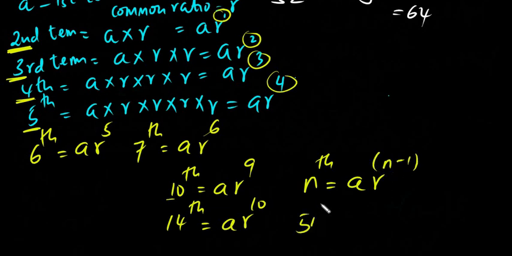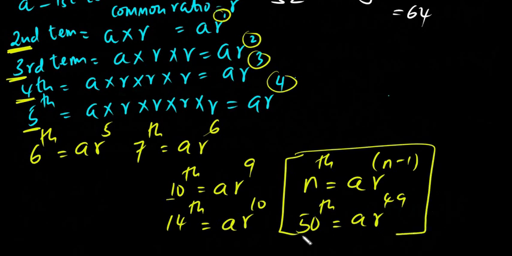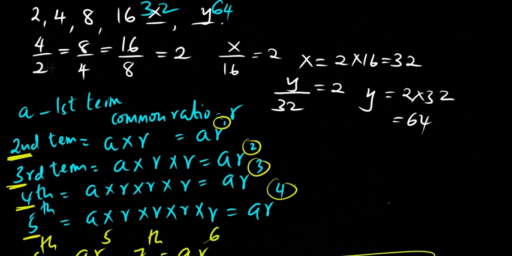So for the 50th term it's going to be AR to power 50 minus 1, which is 49. And this is a general formula that we use in evaluating the value of any nth term of a geometric sequence.